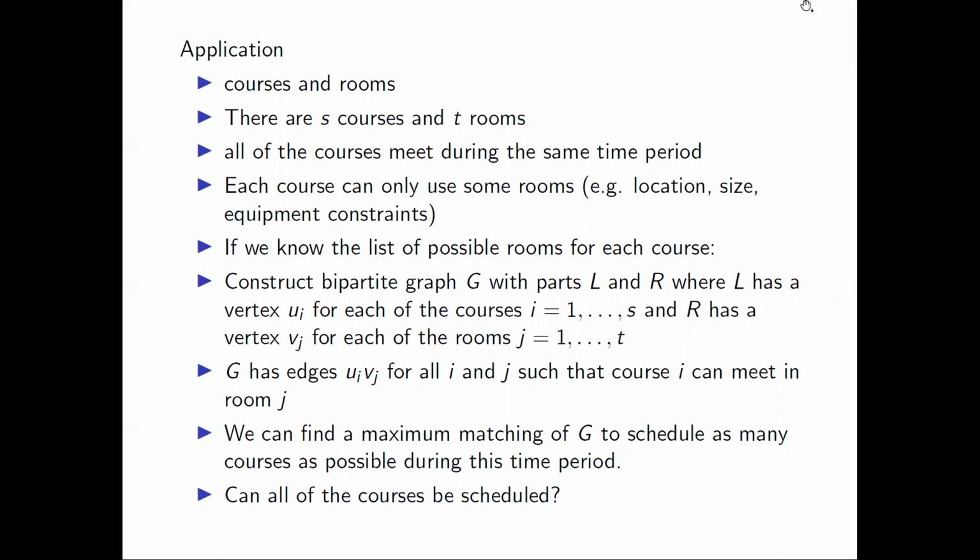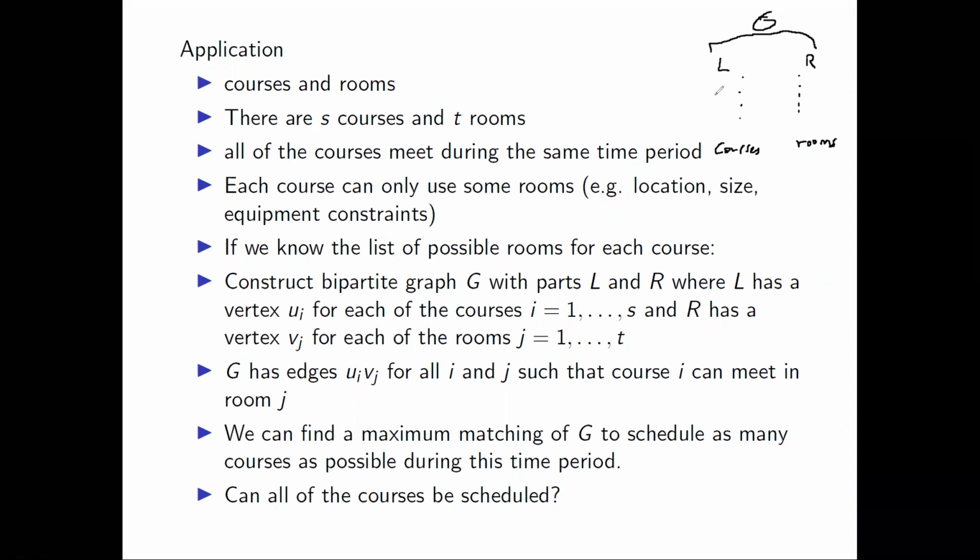And one way we could answer that, we could take the graph that we construct. So this graph G has L, R. These are the courses. These are the rooms. And we could just do what we discussed on the preceding slides, but do that on G. So we can just find a maximum matching in G. And we could use the method we discussed.